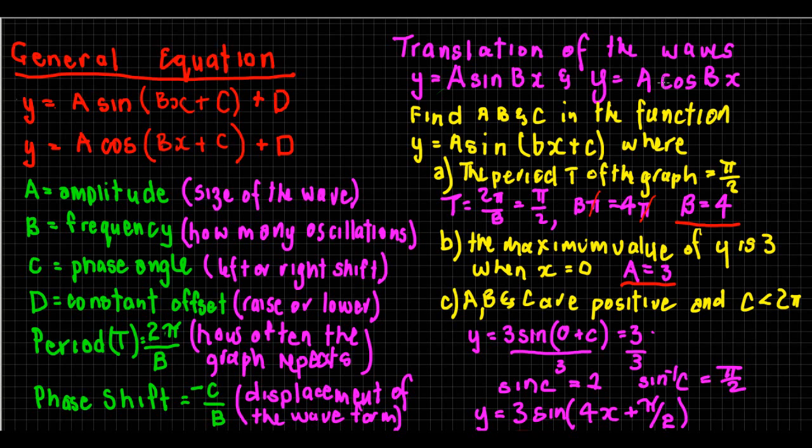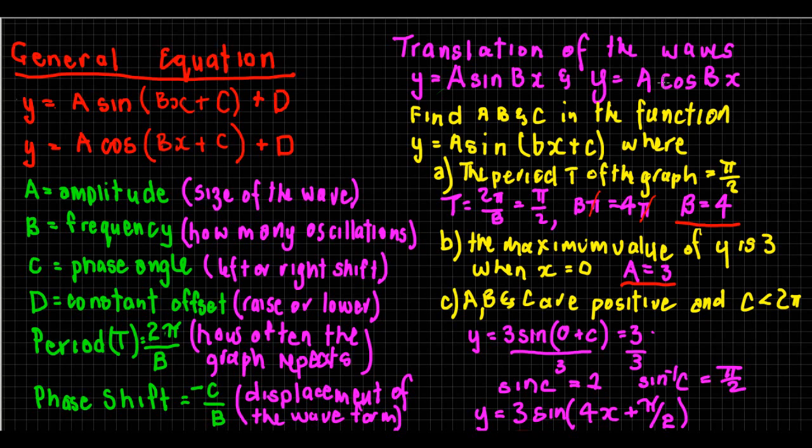So using some of the other information above, when the maximum value is 3 when x is 0, we can put 0 into the graph and immediately bx would be 0. So we can say y equals 3 sine 0 plus c, and that equals 3.